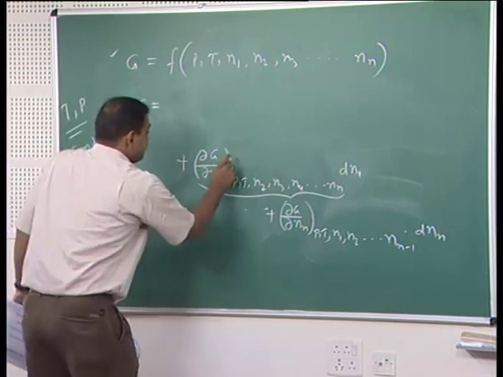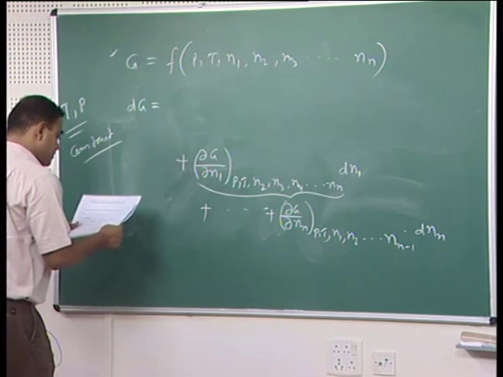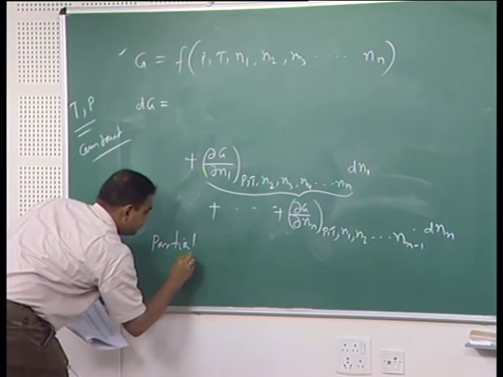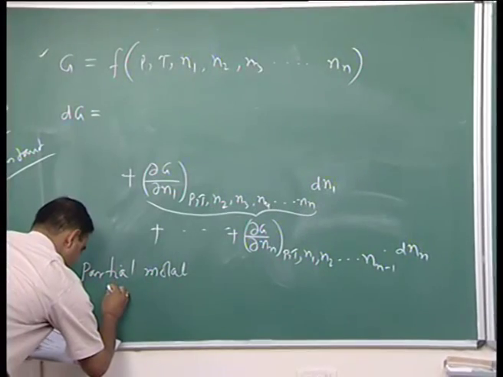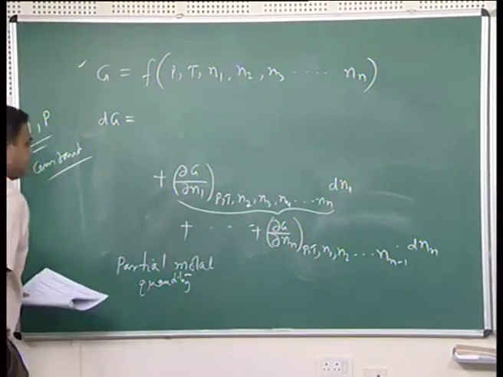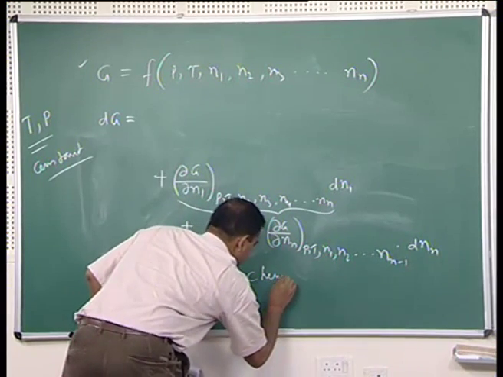Now, this is also called as partial molar quantity, and this is also called as chemical potential.